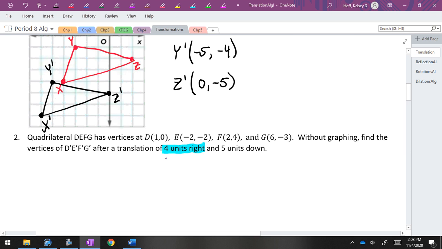X. A positive or negative? Positive 4. So every single X coordinate, I'm going to have to add 4 to it. And 5 units down affects my Y, positive or negative? Negative. So take your coordinates, add 4 to every X, subtract 5 from every Y, and give me the location of D prime, E prime, F prime, and G prime.